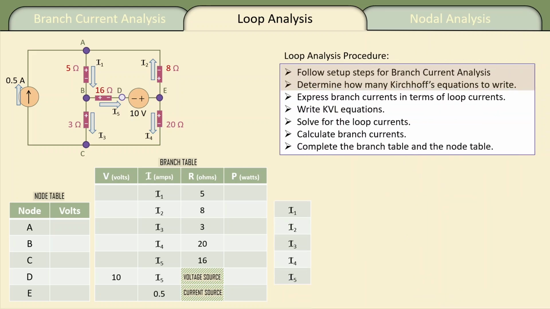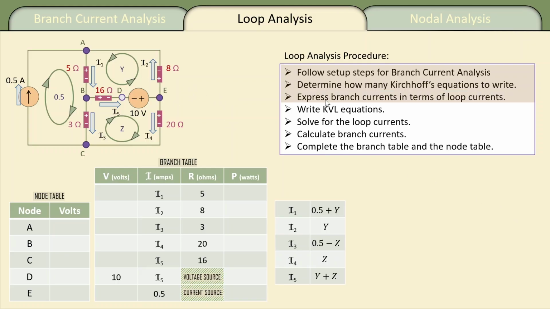So with loop analysis, the loop currents are fictitious variables that represent the number of degrees of freedom in the branch currents. We have our loops x, y, z again, but x is now a known loop, half an amp. So clockwise or counterclockwise, you put in the loop currents.